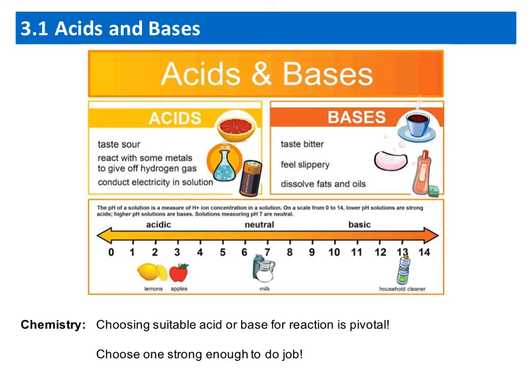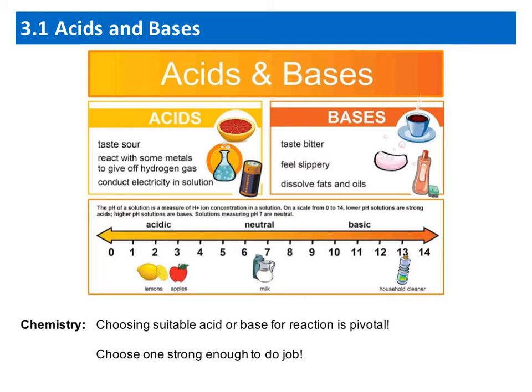The pH scale goes from 0 to 14. So pure water is neutral, with a pH of 7. Anything that is more acidic than water falls within the region of acidic compounds from 0 to 7, and anything that is more basic than water is in the basic region from 7 to 14.